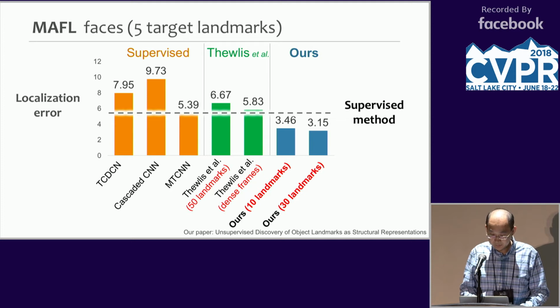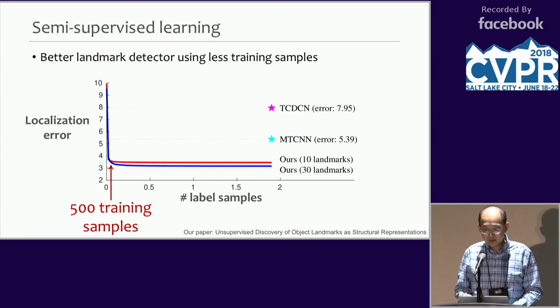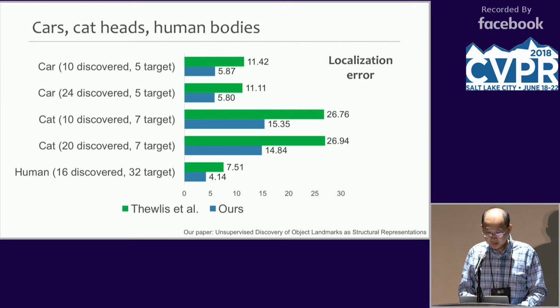And surprisingly, our method also outperformed the off-the-shelf supervised method. In addition, with only 500 labeled samples, our linear regression model can already achieve very good performance. This is a strong result for semi-supervised learning. For the other types of objects, our method can also achieve better results than the previous unsupervised method.